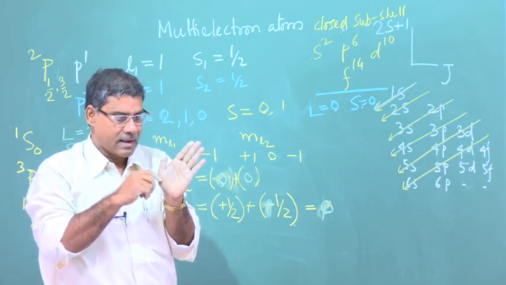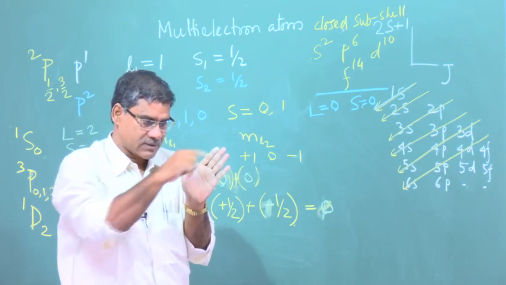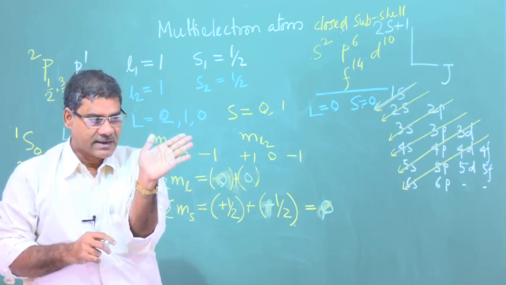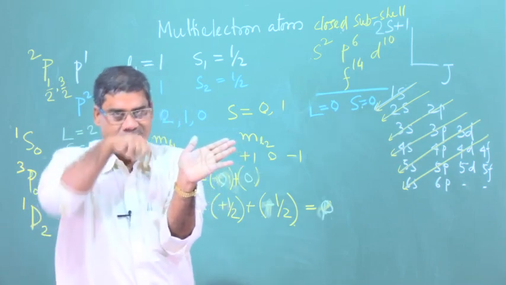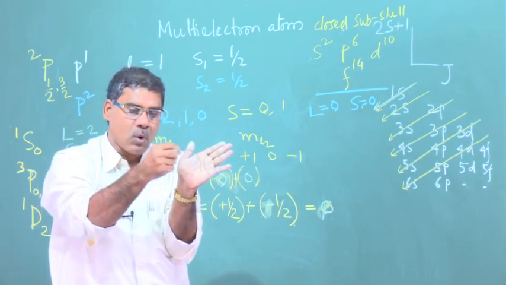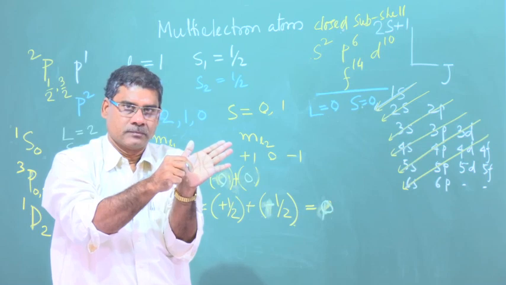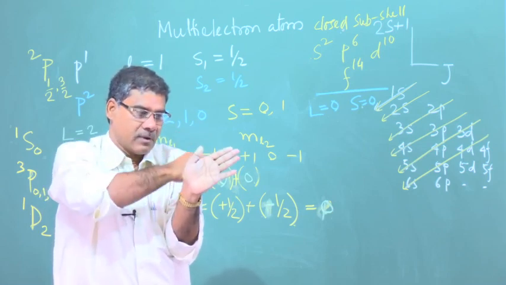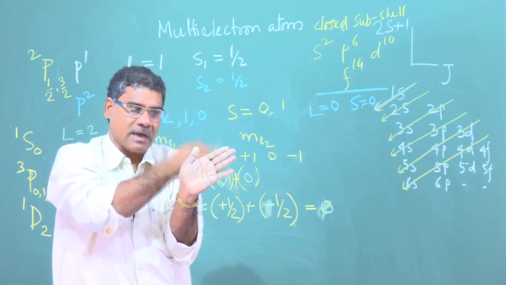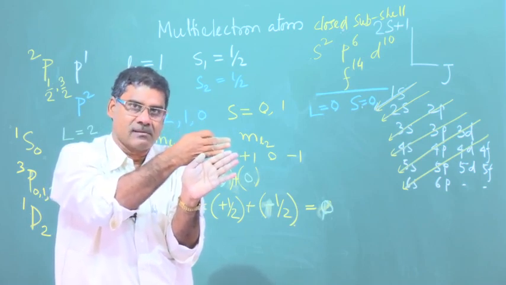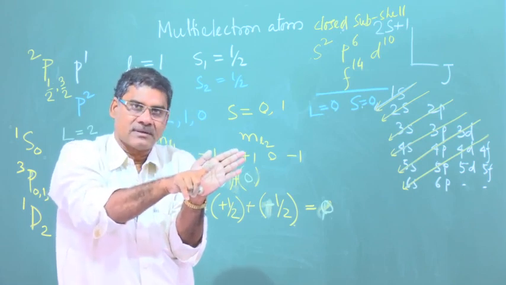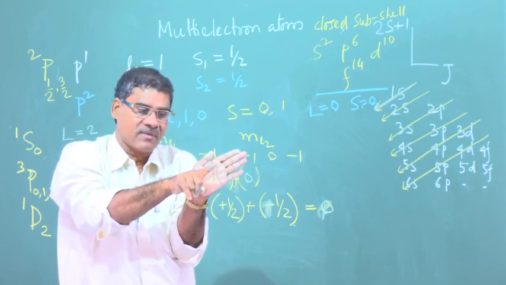L1 and L2, by vector sum I got the resultant L. Now, I put one more electron, so L3. Now forget L1, L2. I have this capital L. Now with that resultant one I will do the vector sum of the third one.